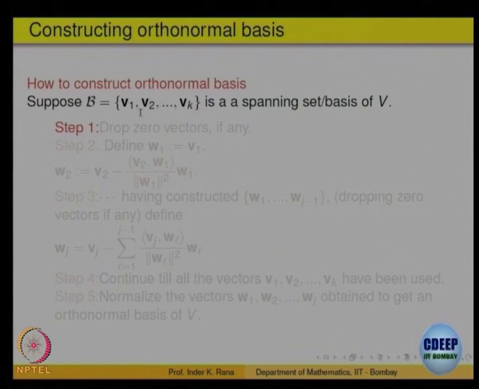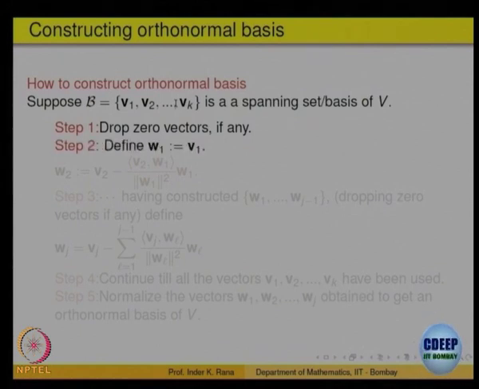Given a set V1, V2, ..., Vk, if it is a basis, well and good; even if not, if it is a spanning set, that is good enough. We can construct a set of vectors which is orthonormal and gives the same span as V1, V2, ..., Vk. The first step is, if there are any 0 vectors in this, drop them, because they are not going to contribute anything in spanning.